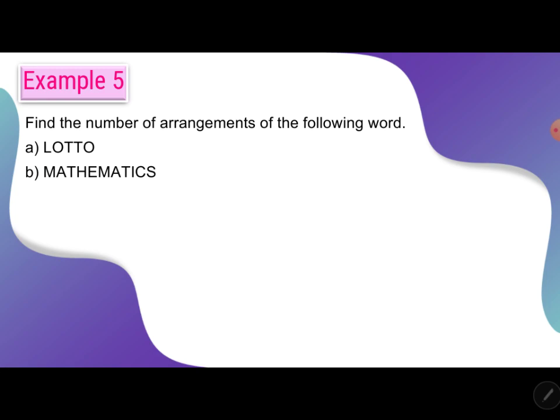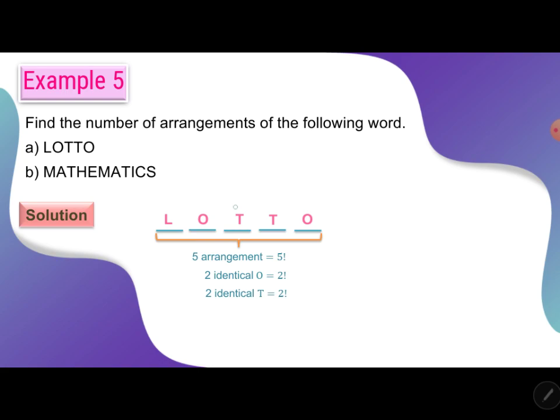Example 5. Find the number of arrangements of the following words. For A we have LOTTO. We can arrange all these 5 letters. But if we change the places between these 2 T's, the word is still LOTTO. And if we change the places between these two O's, it will give you the same word LOTTO. So we have to divide by the identical items.